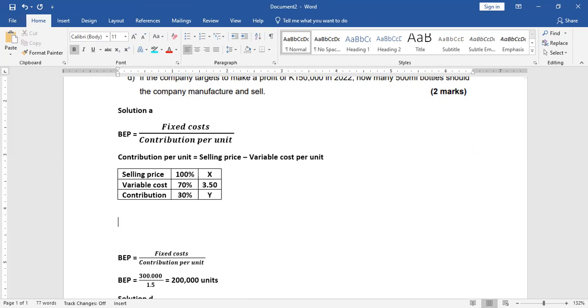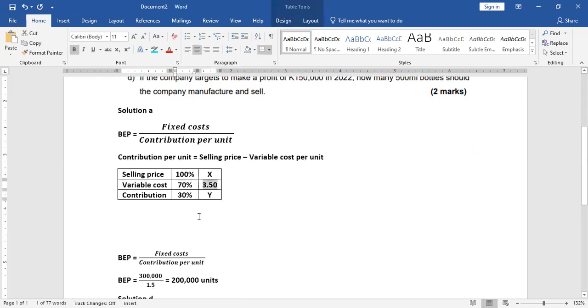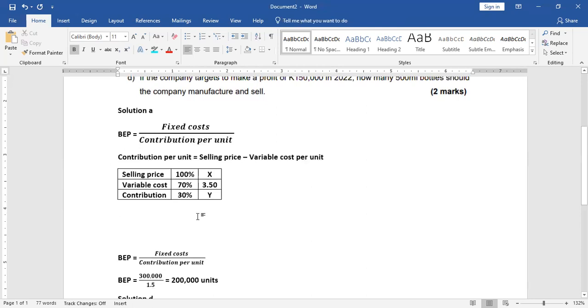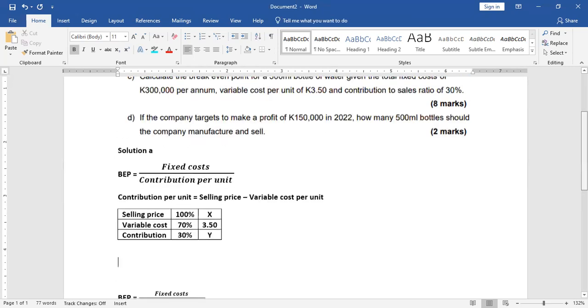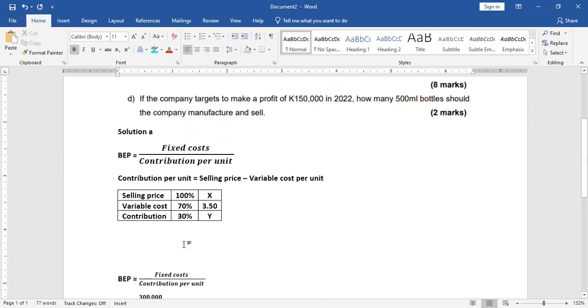If we are cross multiplying, we are going to pick the pairs which are complete. And the pair which is complete, what I mean is it has both the percentage and the value. Selling price is not complete, it's 100% by X, we don't know what it is. Variable cost is complete, it's 70%, and the 3.5 is given in the exam question. The contribution per unit is not complete, it's 30% to Y.